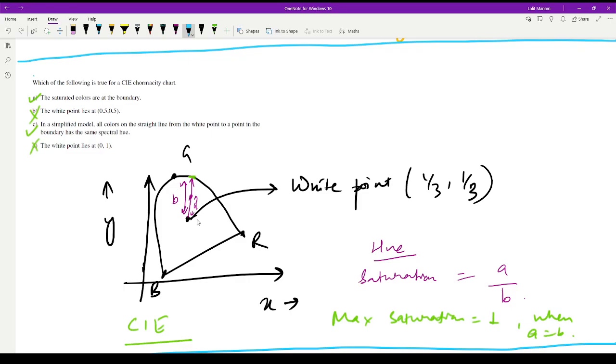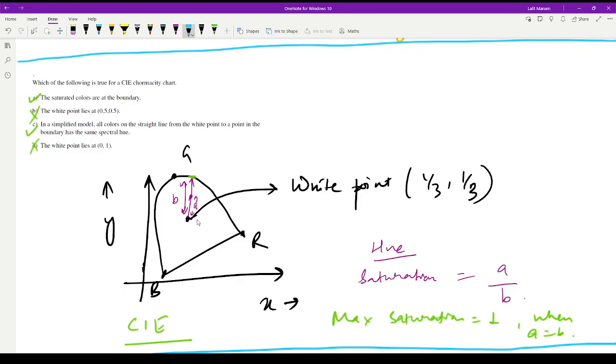If you have seen, there are some applications. I will not say mobile applications. A few years back, I'm talking about a decade back, there used to be computer applications where you actually give the user this chromaticity chart, and then they choose the colors. Of course, there are various versions of it now.